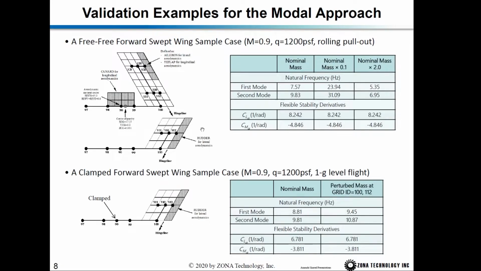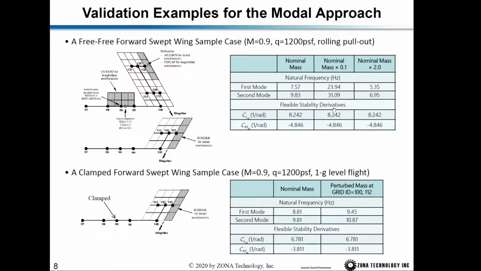So this example is for a swept wing, and here is the CG, and we have 3 rigid body modes, so it's a free structure. Now, if we use the nominal mass, these are the natural frequencies, and these are the flexible stability derivatives. If we multiply all mass in the structure by a factor of 0.1, the structure becomes lighter, so the natural frequencies increase.